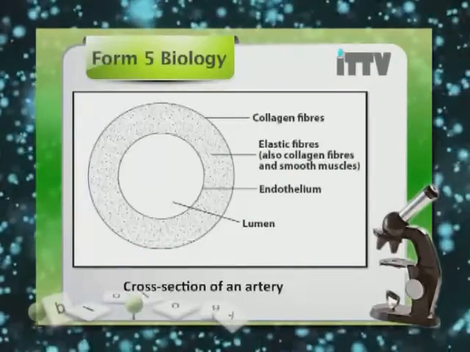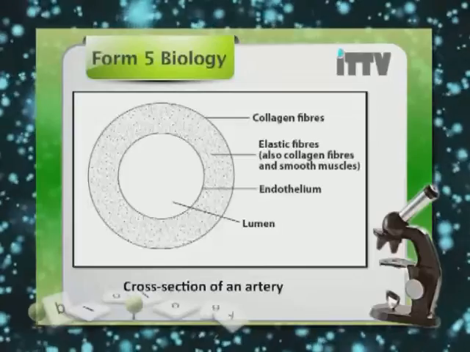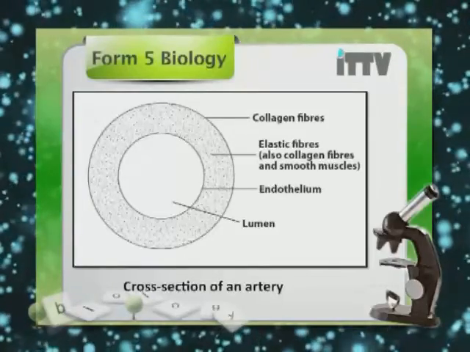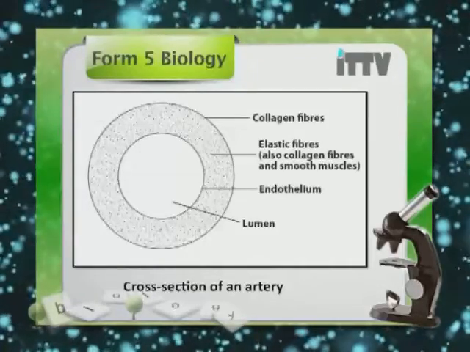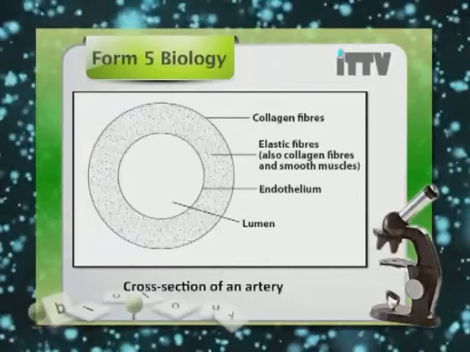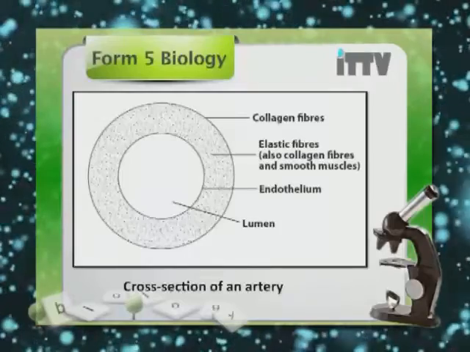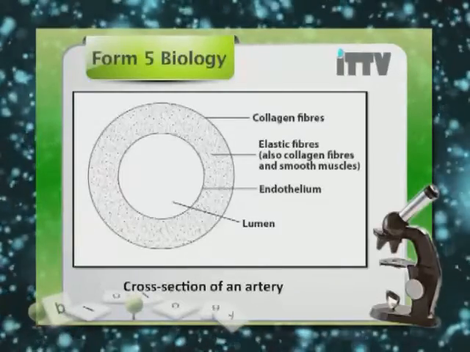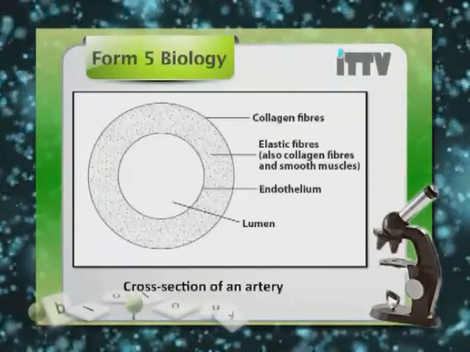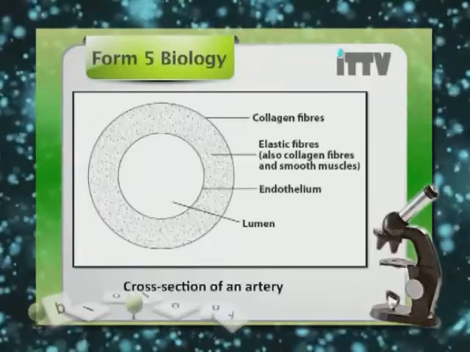Now we're going to take a cross-sectional analysis of an artery. If you can see, the outer layer of the artery is composed of collagen fibers. They form the external, the most outer layer of the artery.